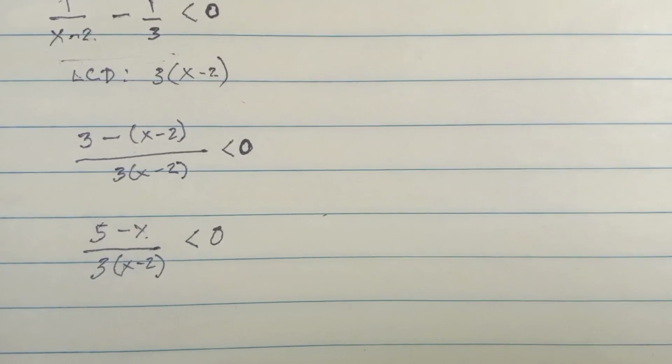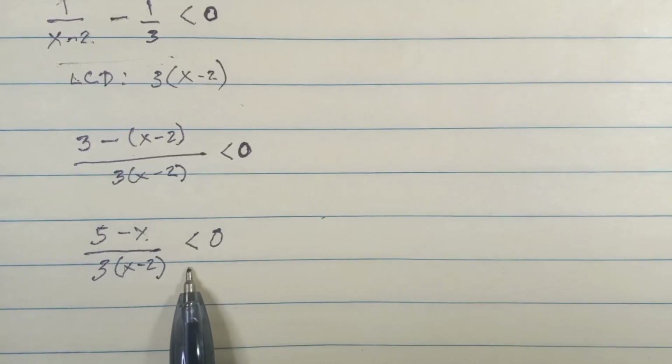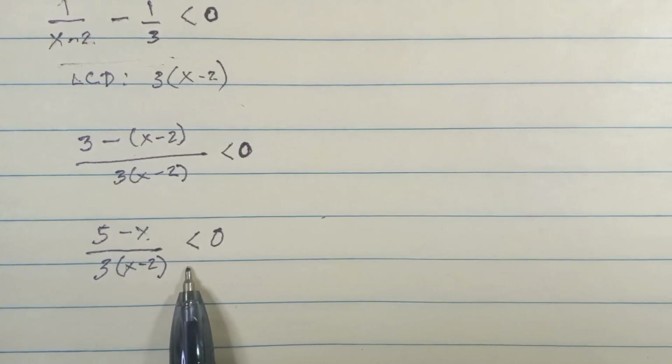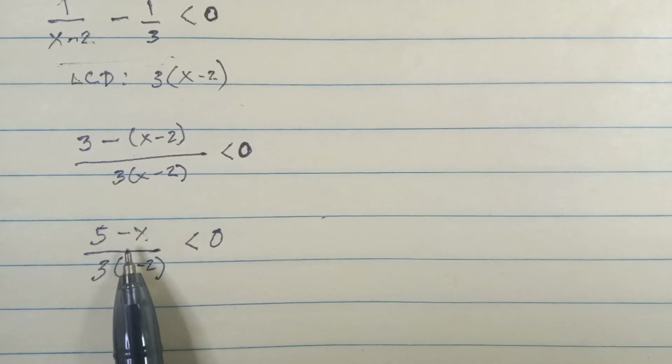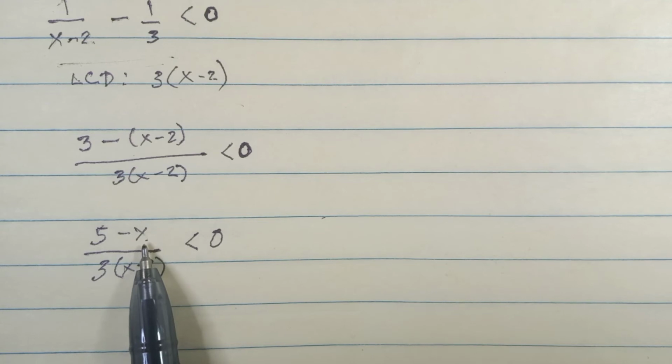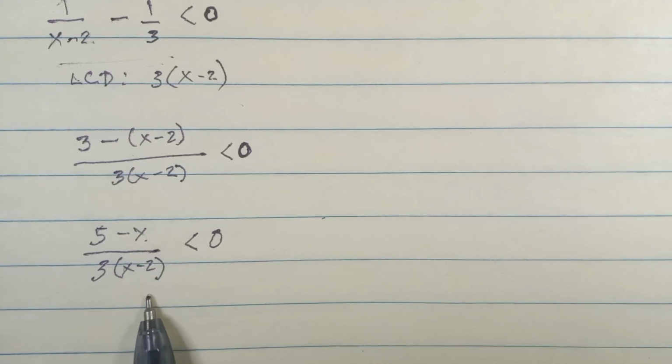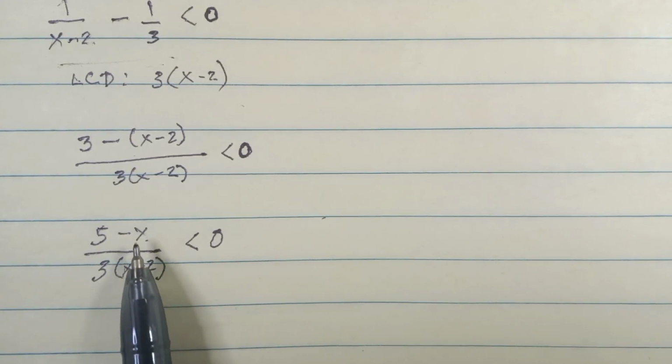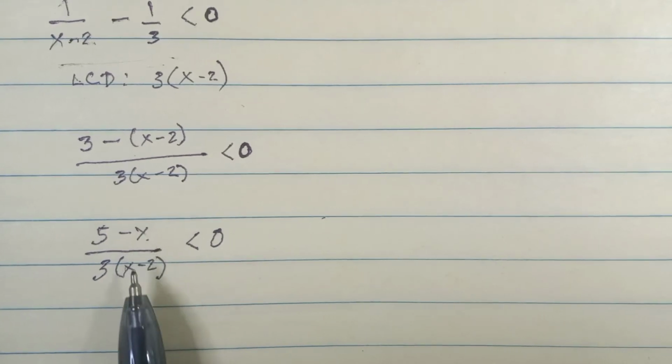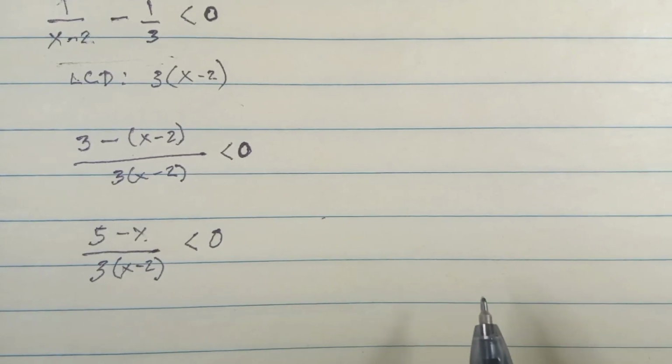To make this lesser than 0, there are only two possibilities, no? Either we have a negative number, so there are two possibilities. We have the numerator negative and the denominator positive, or the numerator positive and the denominator negative.